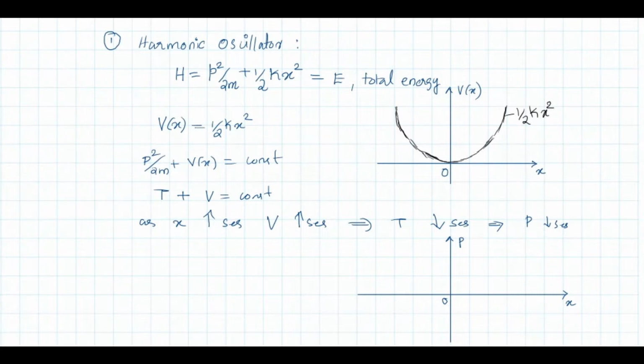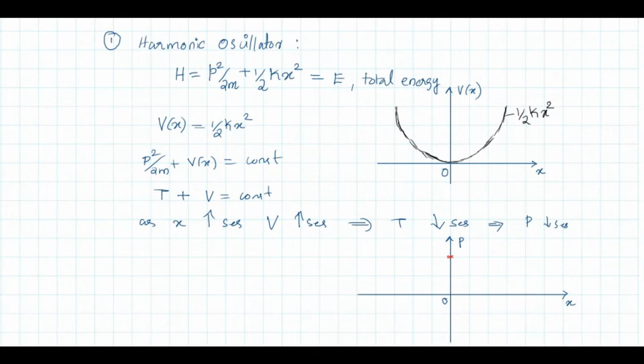For x equal to 0, the potential energy is 0, so the kinetic energy will have some value, and for that kinetic energy there will be a particular momentum. Let it be this value.